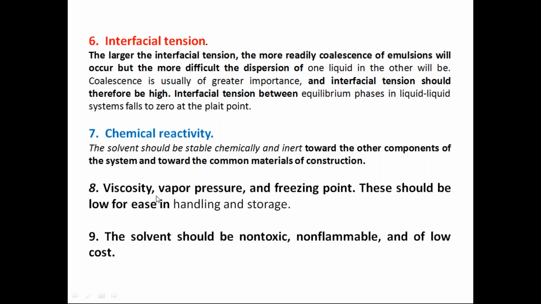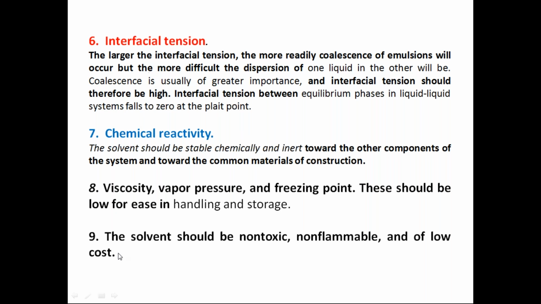Then viscosity, vapor pressure and freezing point. These are very important physical properties, and they should be low. Why should they be low? Because handling and storage will be very easy if the viscosity, vapor pressure and freezing point are low. Then the solvent should be non-toxic, non-flammable, and available plentifully at low cost.